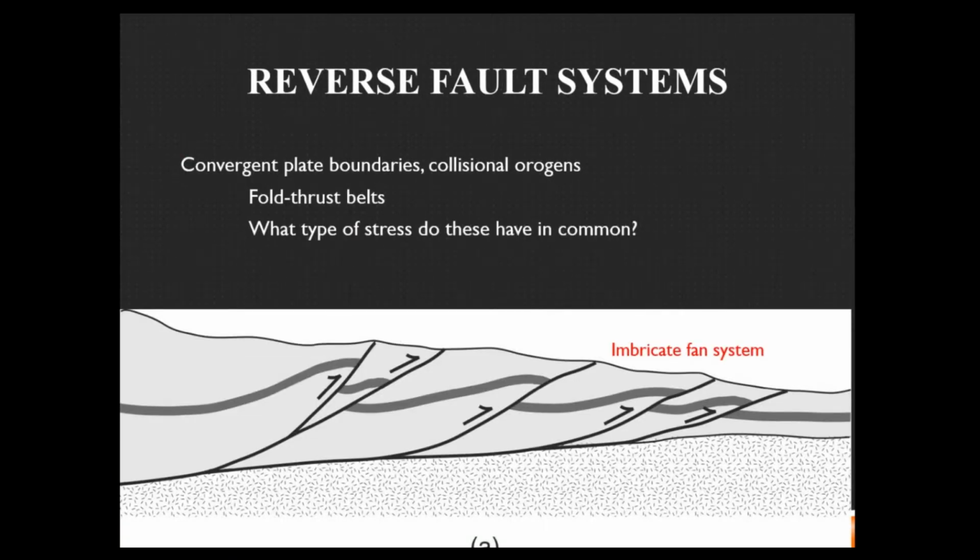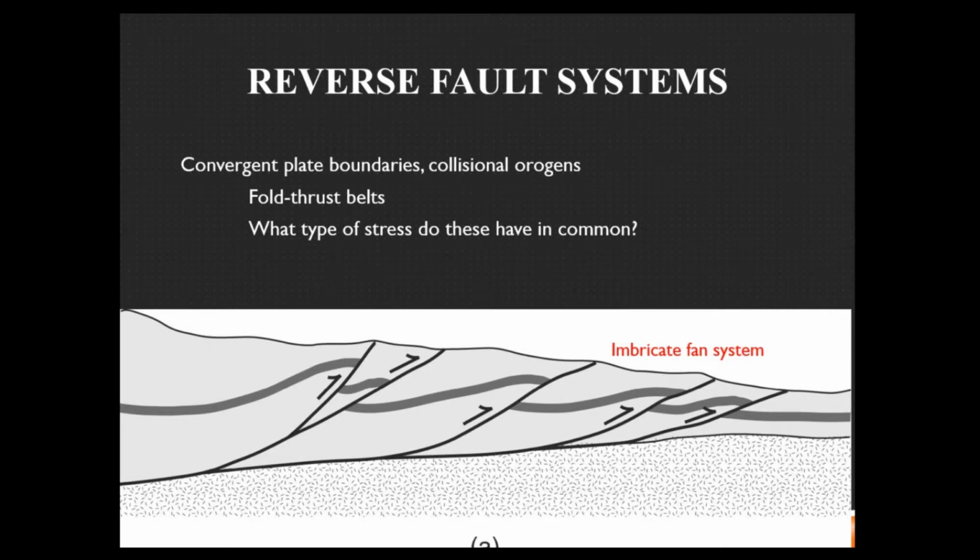On the other hand, the opposite of that, of course, is the reverse fault system. So the opposite of the normal fault system is a reverse fault system. This is where we have convergent plate boundaries and collisional origins. These give us things like fold thrust belts and imbricate fans. These are compressional stresses.